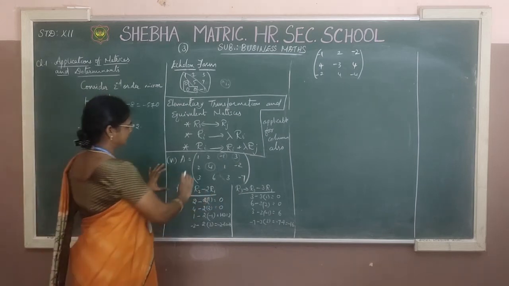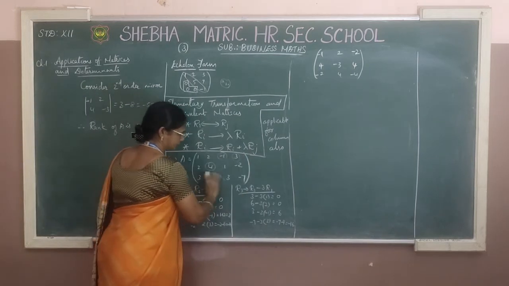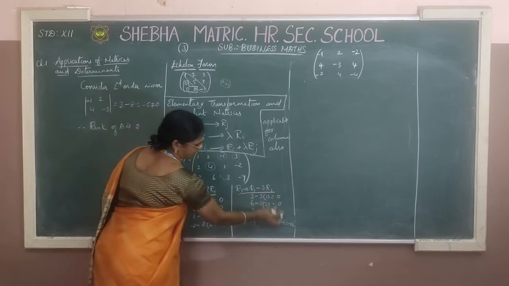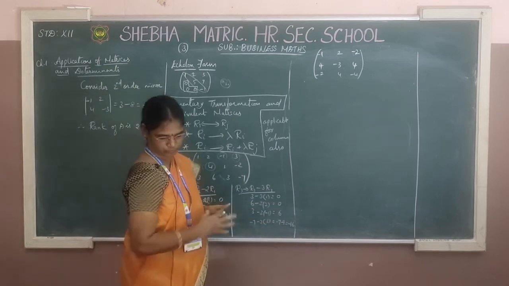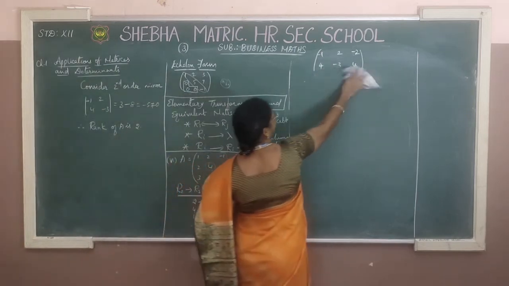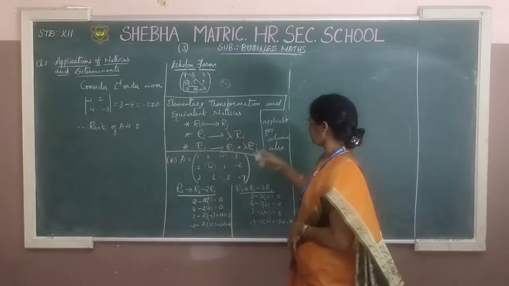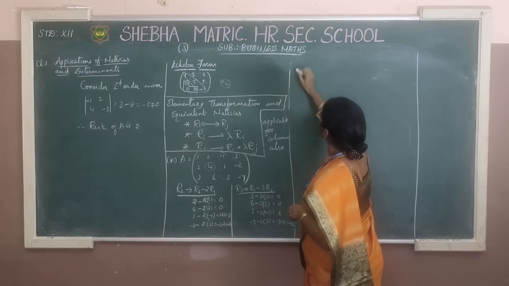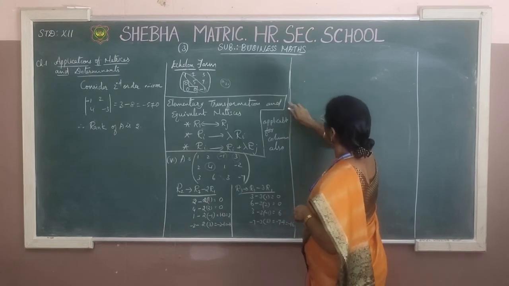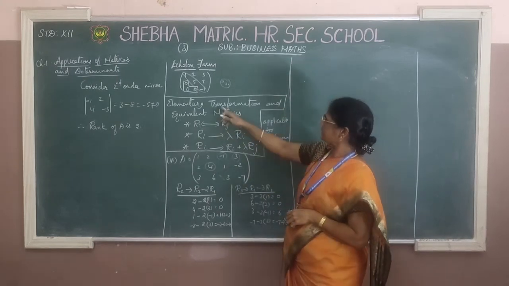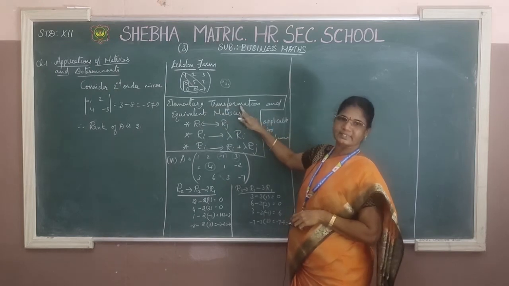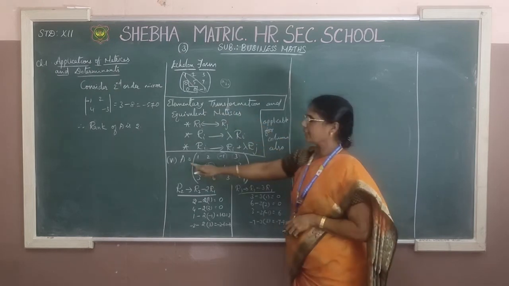So we have to change the second row and third row into these elements. With these elements, we have to form the second row and third row. After doing this elementary transformation, we should not put an equal sign.